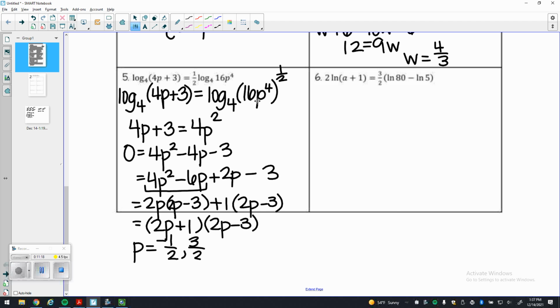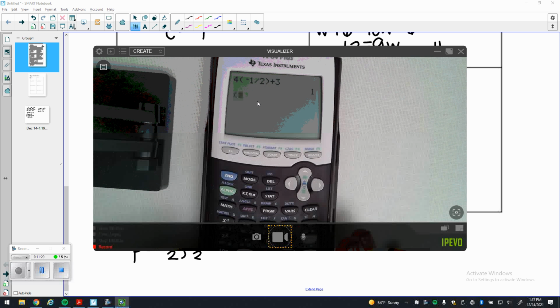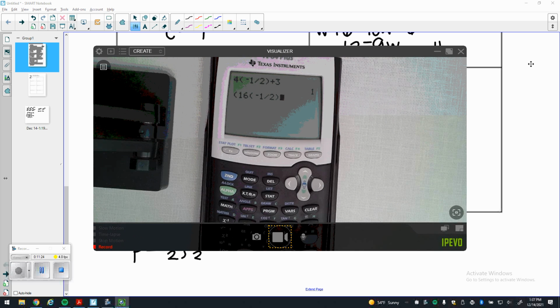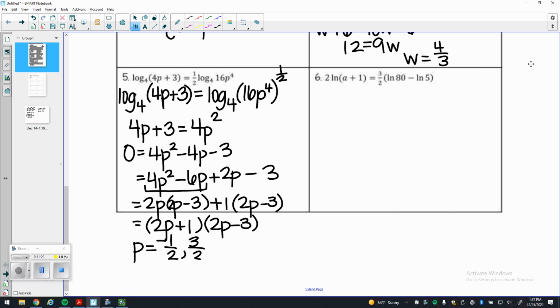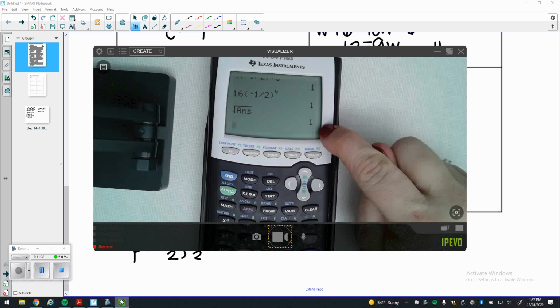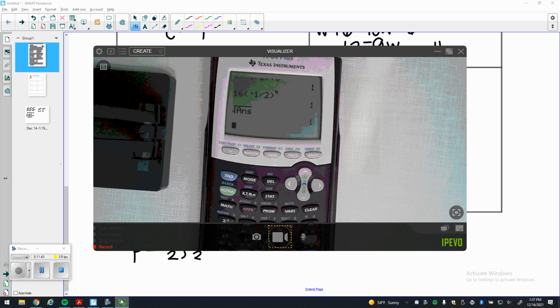So you're going to do 16 times -1/2 to the 4th, and then you need to take the square root of that, which is also 1. Do the same thing for 3/2. Make sure it works, please.